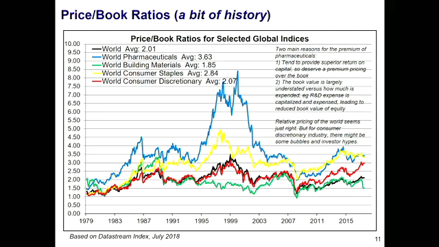No? Okay. We compare the company with its peer group. The absolute value doesn't tell much about it. We have to compare the price to book value ratio of Woolies to the World Consumer Staples Index.